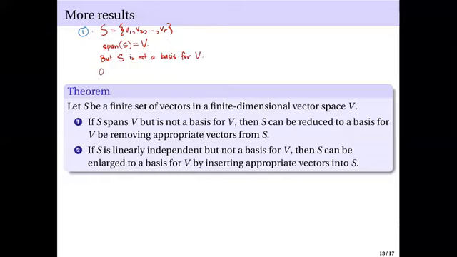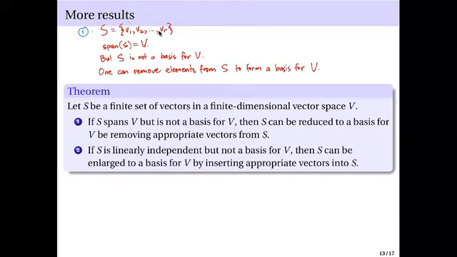So one can remove elements from S to form a basis for V. So meaning you can have, say, V1 until VR minus 1.